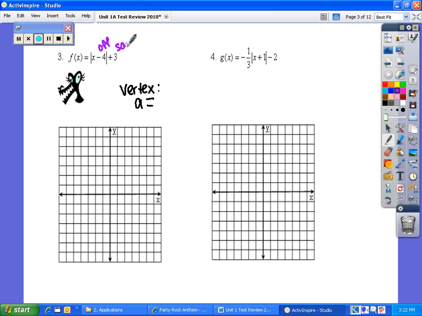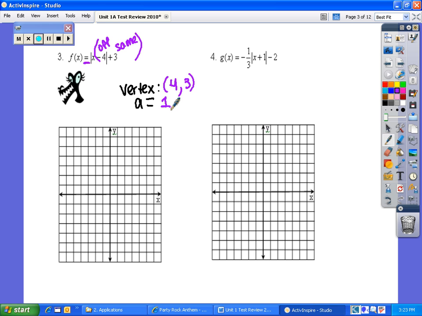Second number stays the same. That's your vertex. So the opposite of -4 is 4, and 3 stays the same. So that is my vertex. The A value is whatever number is in front of the absolute value. We have no number in front of the absolute value, so it's just going to be 1.